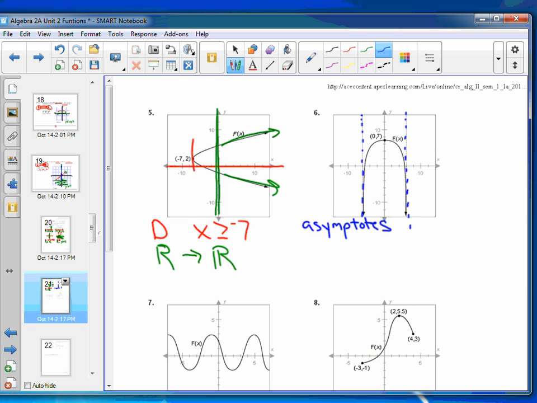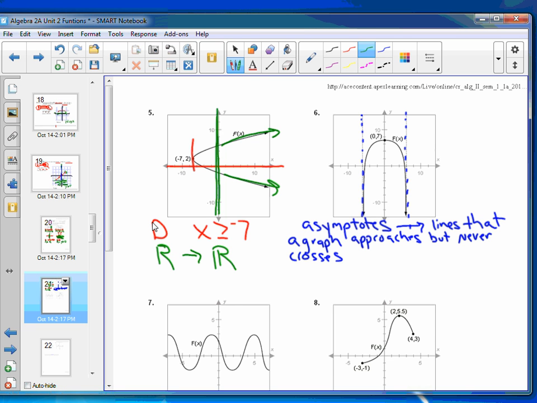And what those are is, those are lines that a graph approaches but never crosses. So it's kind of like a limit.